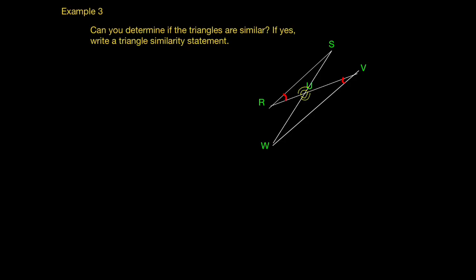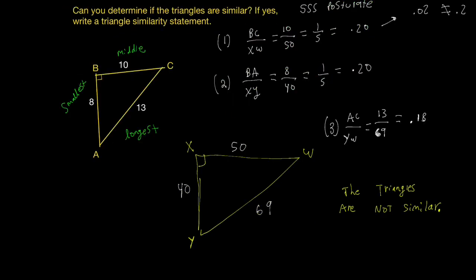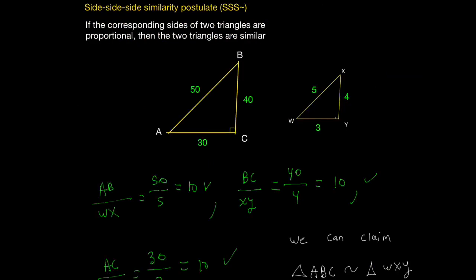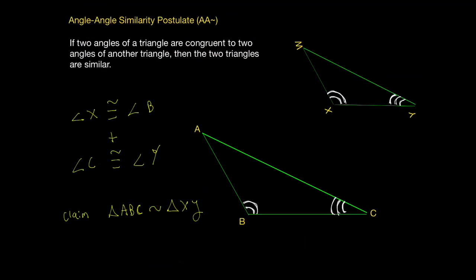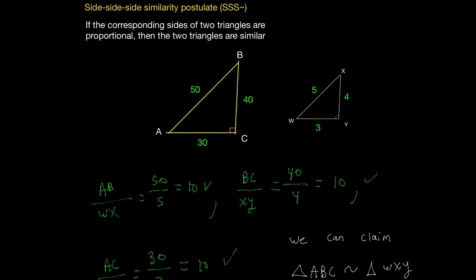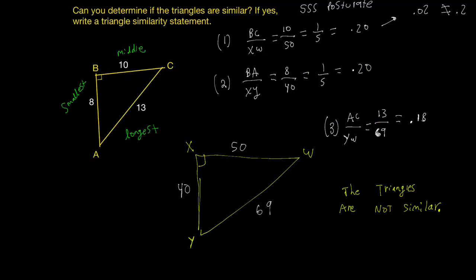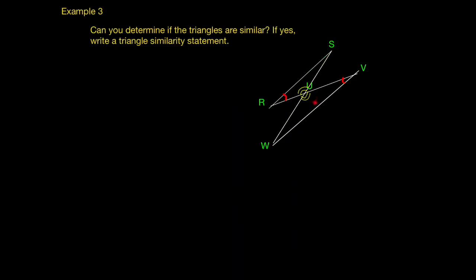Now we can clearly see that for this problem, we're going to want to use the angle-angle similarity postulate. So it was disguised, but we were able to notice that here we had an angle that was not explicitly given to us. So we have two angles, and now we want to see if these two triangles are similar.